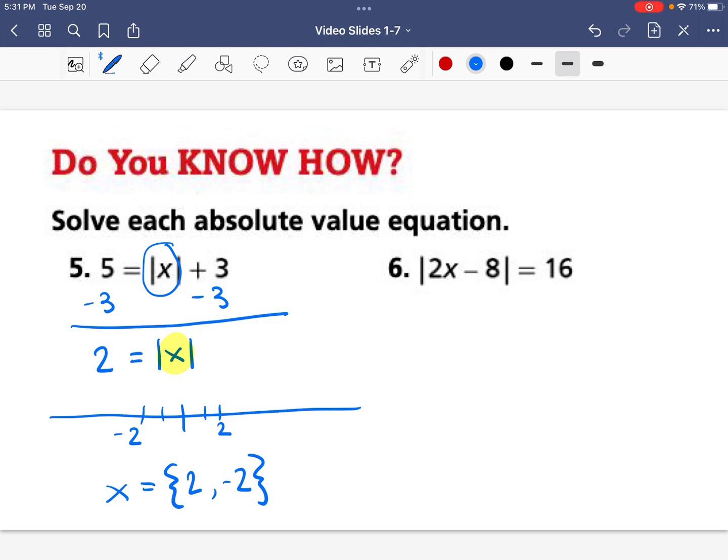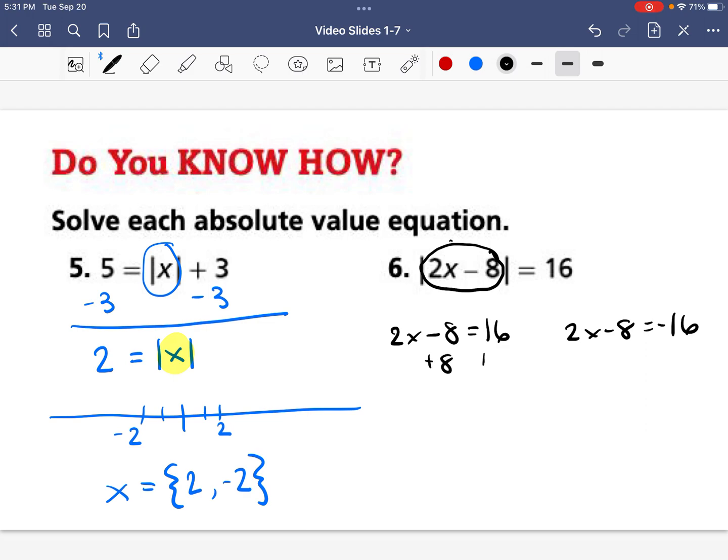Okay. On number 6, it's a little bit trickier because remember, we're going to look at this stuff inside. We don't know if 2x minus 8 was positive 16, and then you took the absolute value to get 16, or if 2x minus 8 was negative 16, and then you took the absolute value to get the positive 16. So I'm going to have to solve both of these equations.